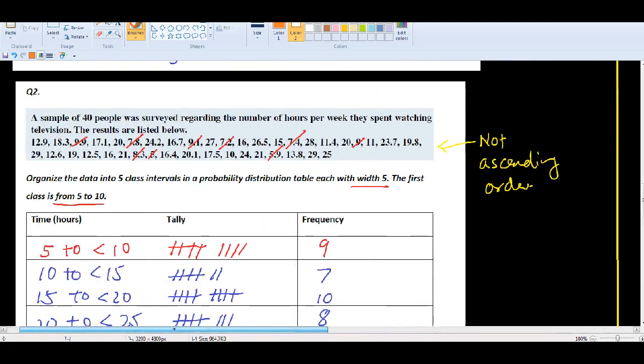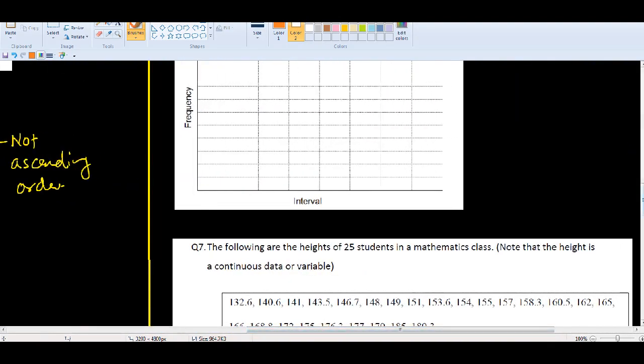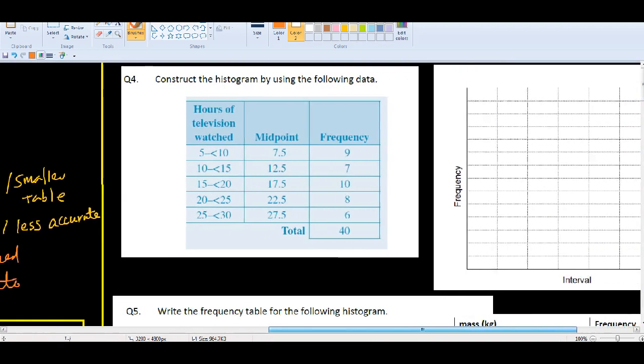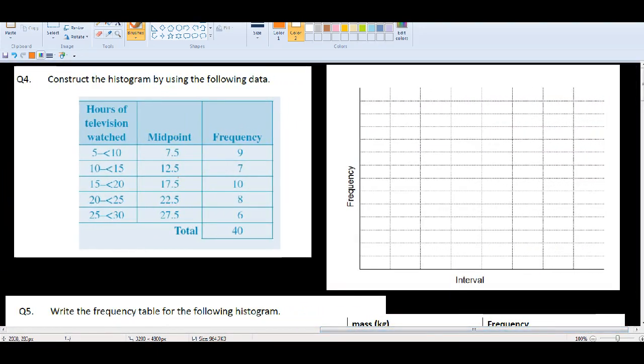But now we've put them into a frequency distribution table. So let's see, can we just display that frequency table as a histogram? How many bars should there be? 1, 2, 3, 4, 5. That should be 5 bars.